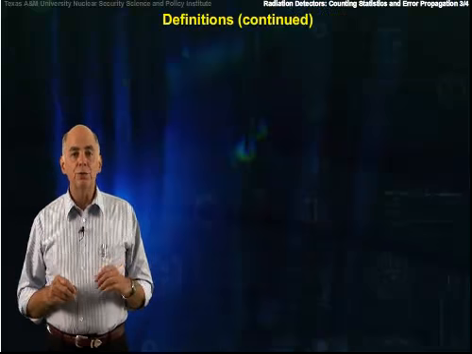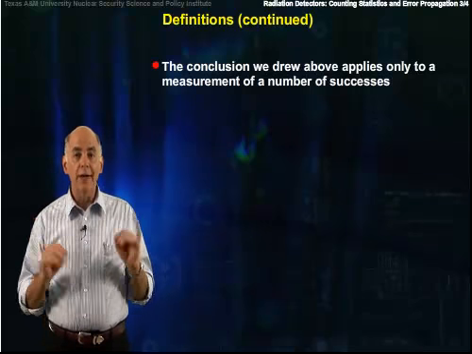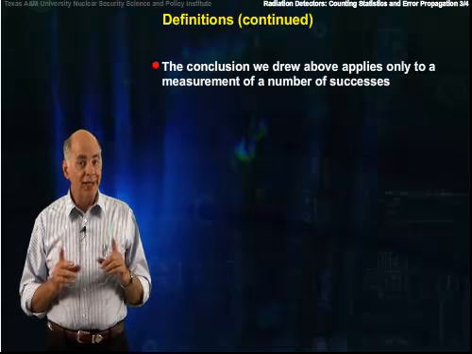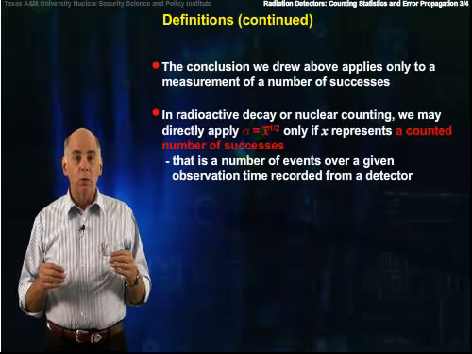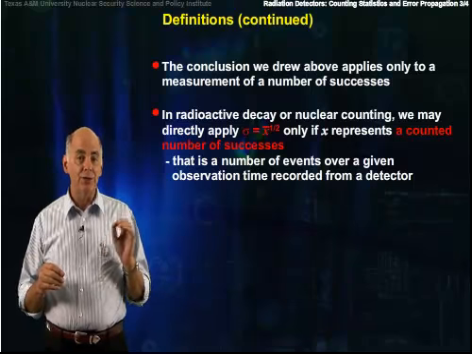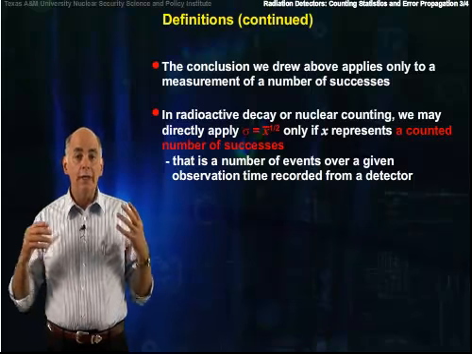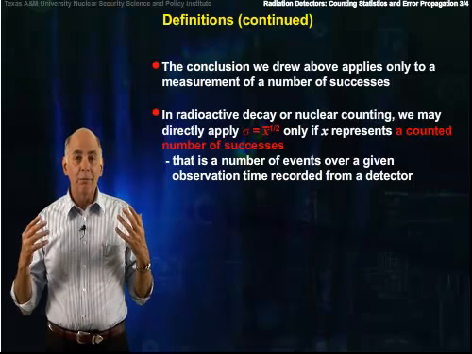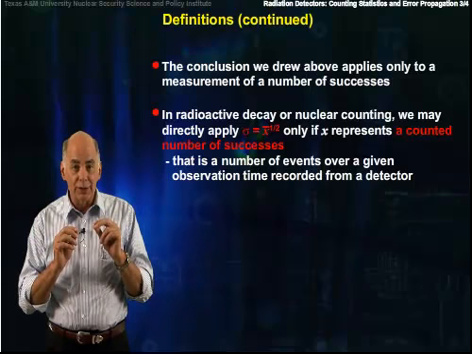The conclusions we drew above apply only to a measurement of the number of successes. In radioactive decay or nuclear counting, we may directly apply that the standard deviation is the square root of the mean only if the x represents a counted number of successes.